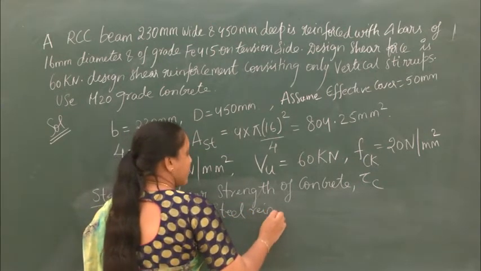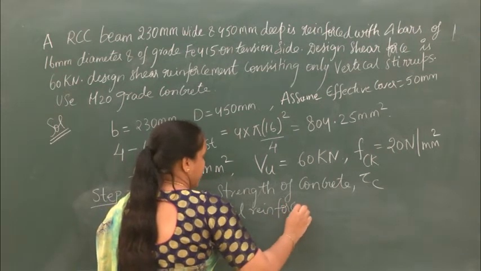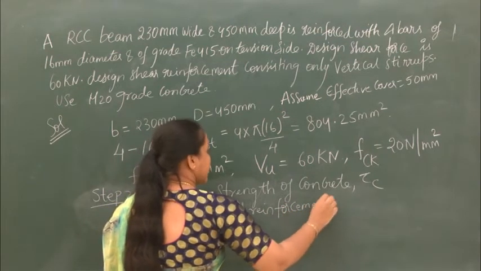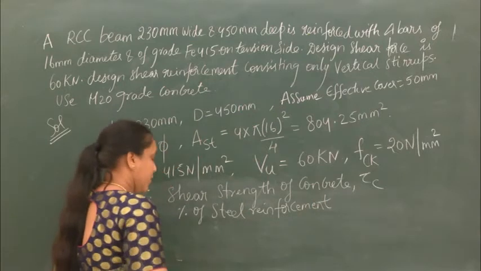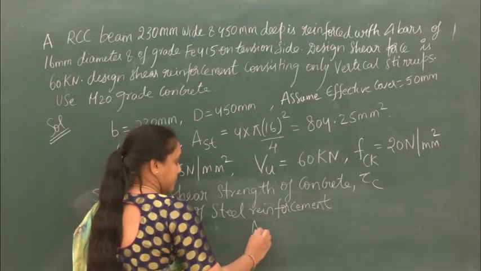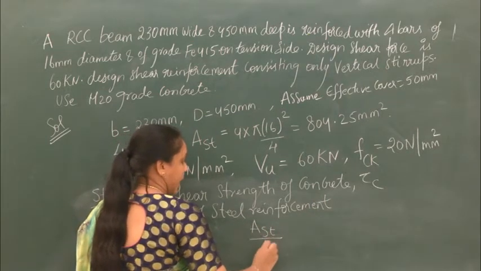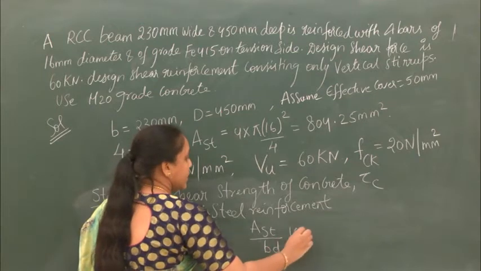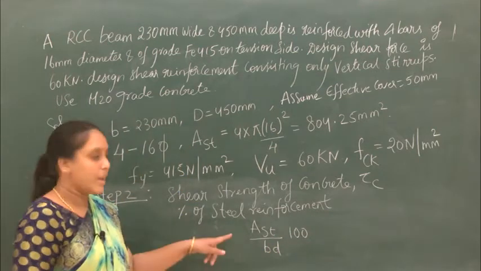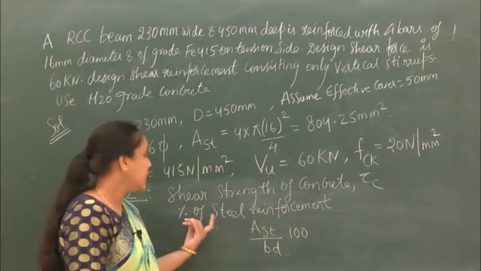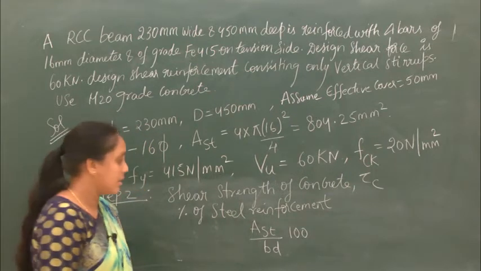So how will we calculate the percentage of steel reinforcement? We have a formula, that is AST by BD into 100. So by using this formula, we calculate the percentage of the steel reinforcement.